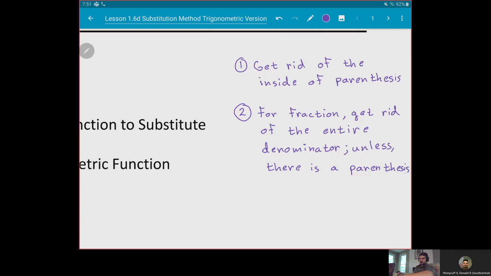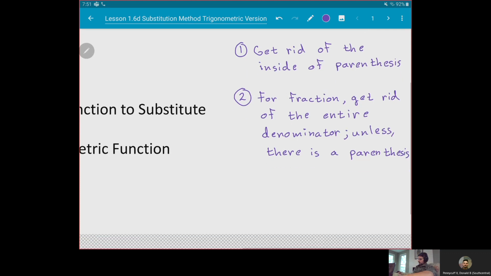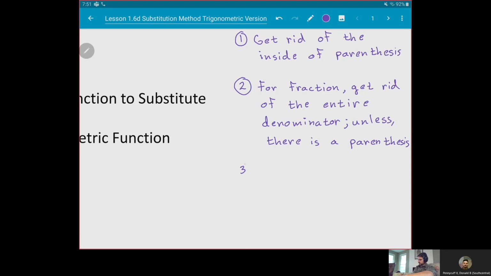Okay. For exponents, we get rid of the entire exponent.